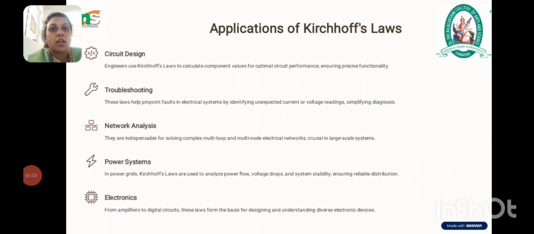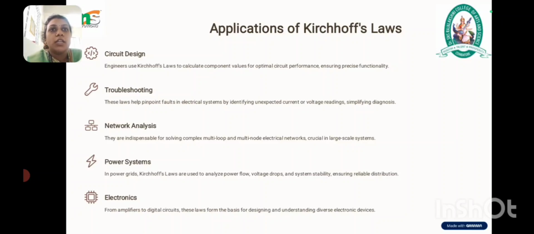Next, applications of Kirchhoff's laws: circuit design and troubleshooting, network analysis, power systems and electronics. Kirchhoff's laws are used in many fields. The first is electrical circuit analysis, used to find unknown currents, voltages and resistances in both simple and complex networks, forming the basis of mesh analysis with KVL and nodal analysis with KCL.